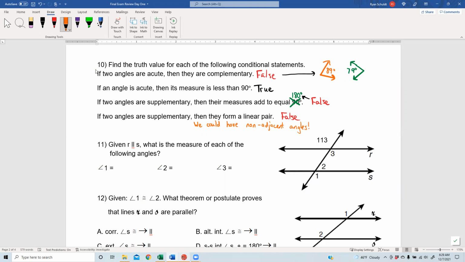Remember, non-adjacent means they're not touching. Adjacent means touching. Non-adjacent means not touching. So really, of these statements, the only one that was true was that second one.